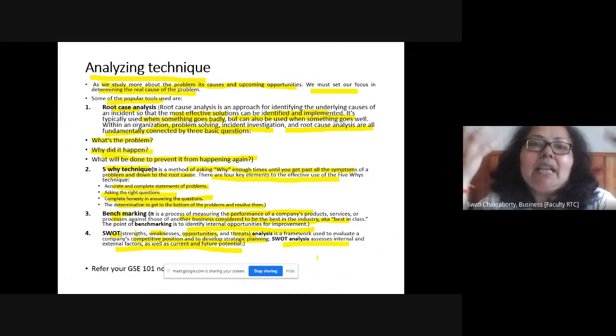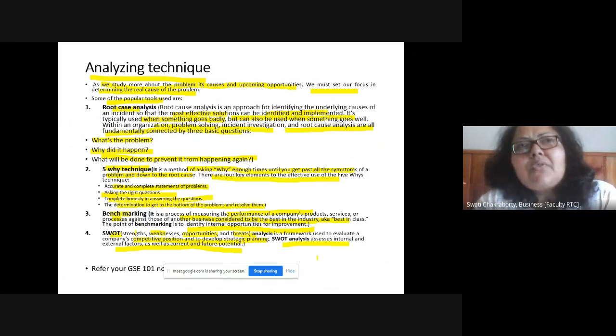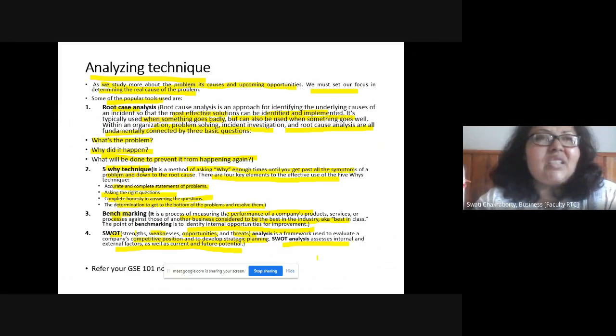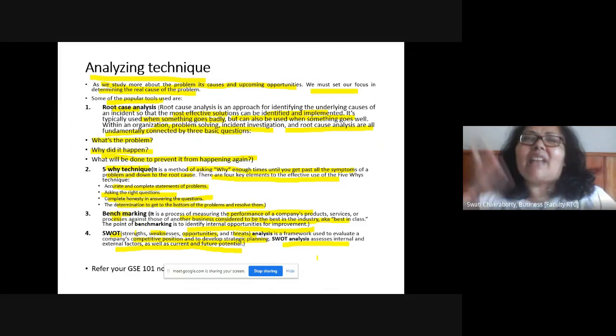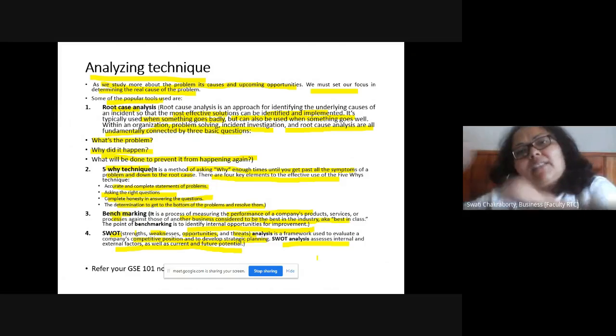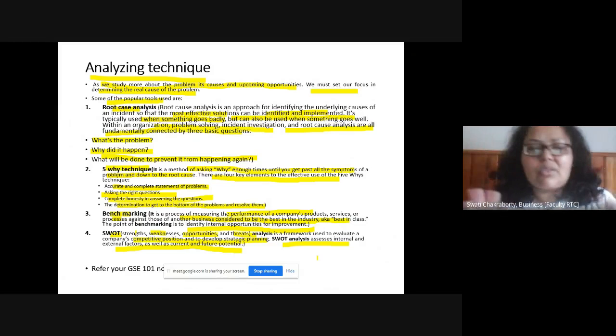The internal environment covers the strengths and weaknesses of the company, and the external environment covers the opportunities and threats. What is the strength, and what are the areas where the company is weak, lacking behind, where it needs improvement, so that they can capitalize on the opportunities and overcome the threats? This is SWOT analysis.